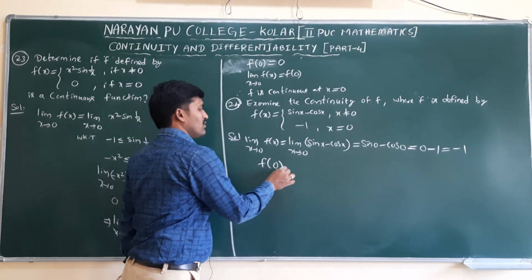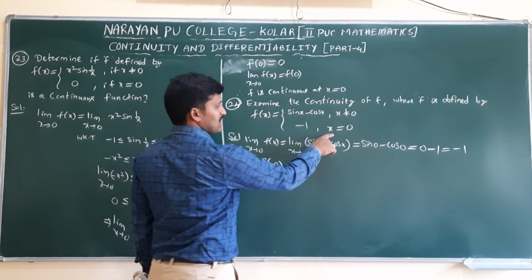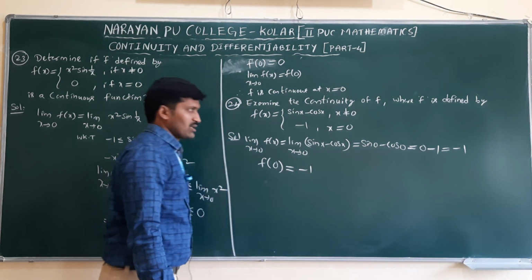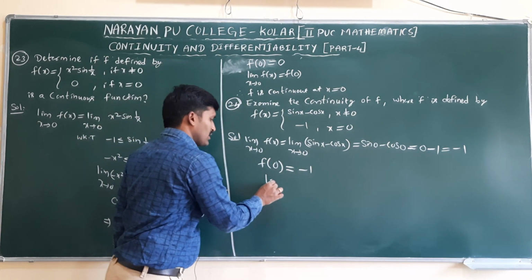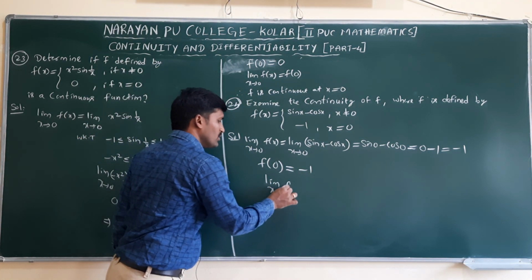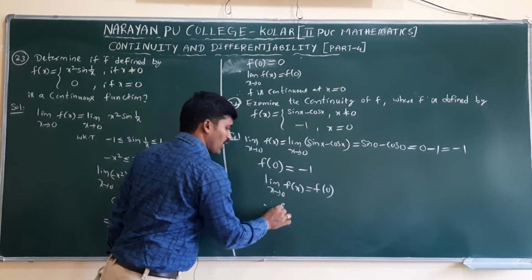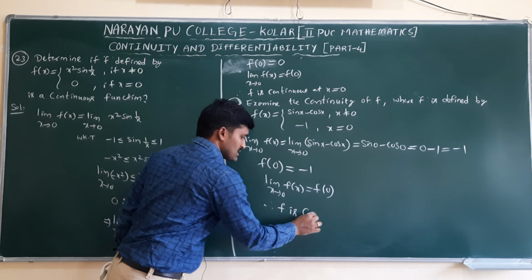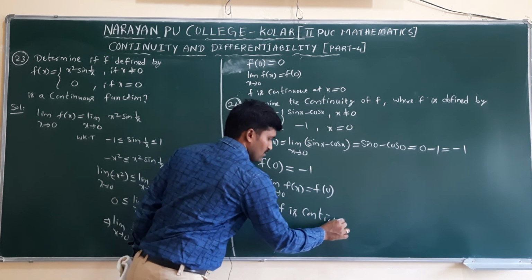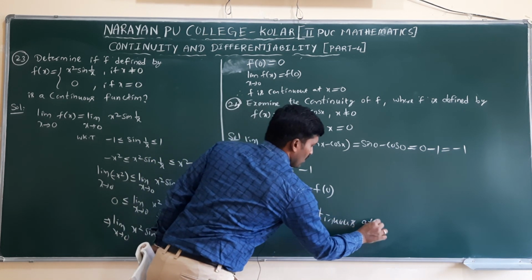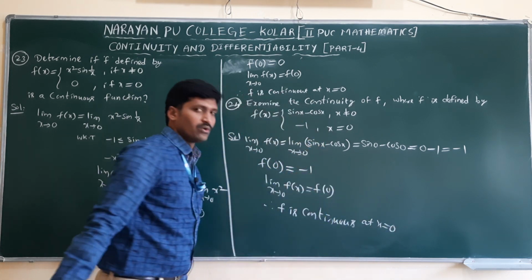Next, f of 0. F of 0 means at exactly 0, what is the function? Minus 1. From this we can conclude the limit value equals the function value. Finally, f is continuous at x equal to 0.